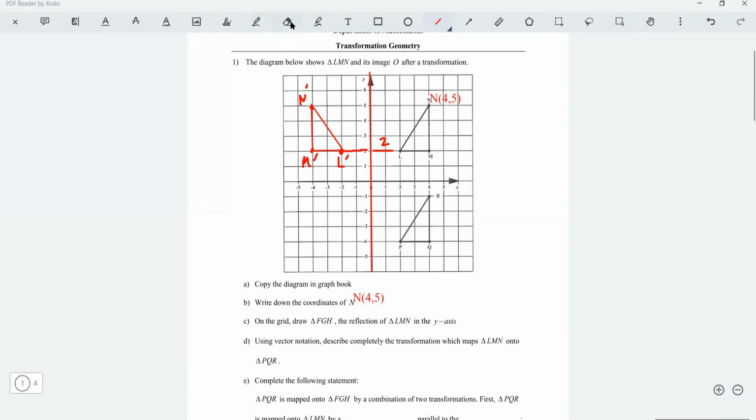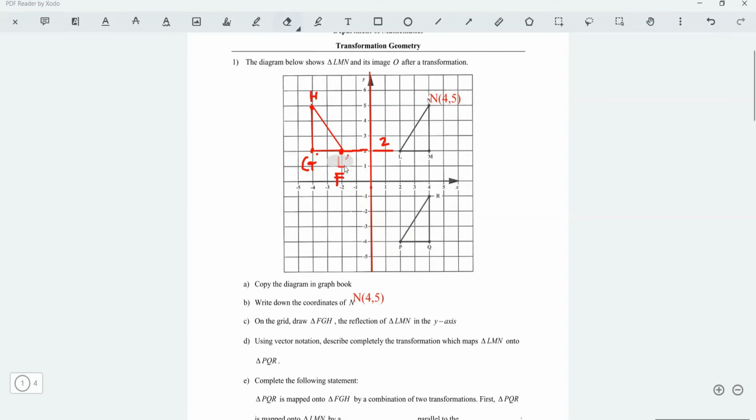It should actually be named FGH. So I put the F where the M prime is, and L would have been right here. So it's F, this is G, this is H. That's what they want us to name them as. All right, nice. So we draw that now, and let's hear what they want next.